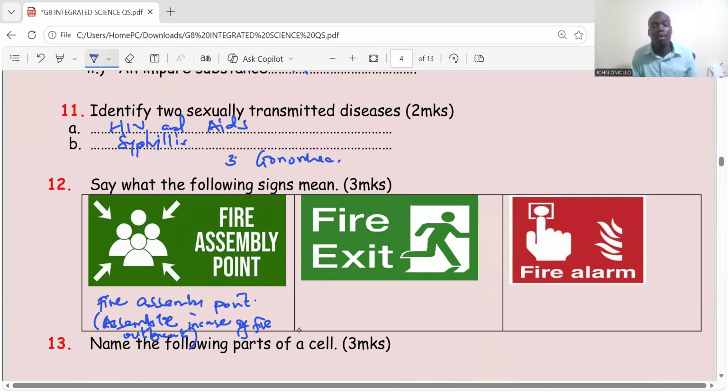So this is where we converge. There is no space. If you have any question about that, just comment.